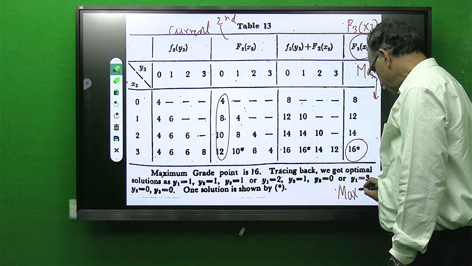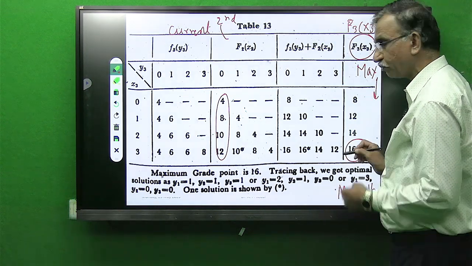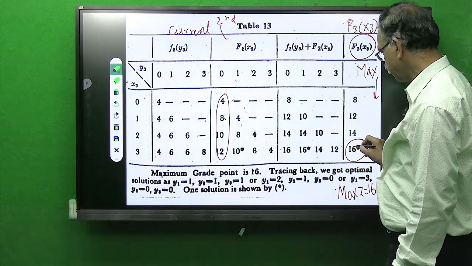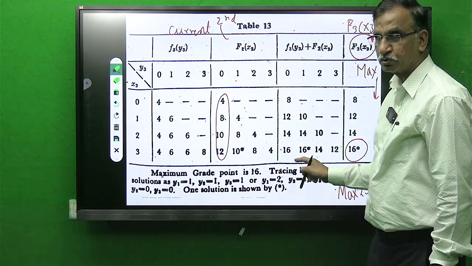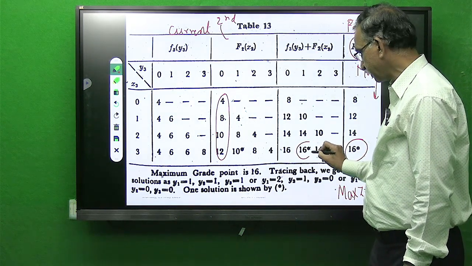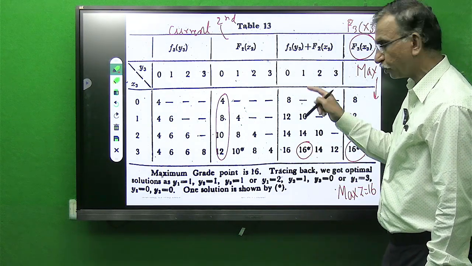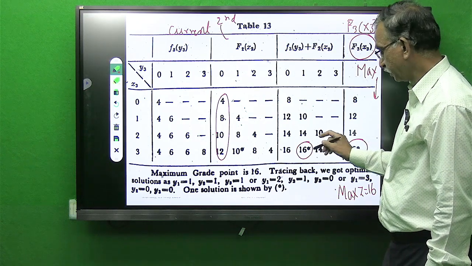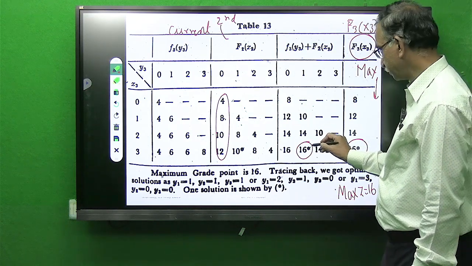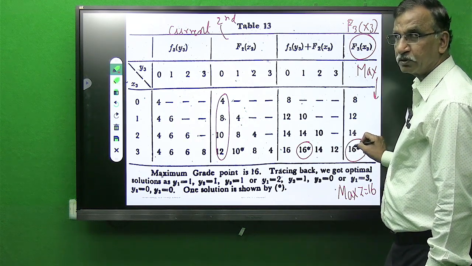Maximum grade point for this student is 16, and how many days he should allocate, that we will see now. This 16 is result of, again there are two solutions. This 16 suppose I consider as a result of this, therefore while solving, I have made a star mark for indicating that this is the result which is represented at this place.